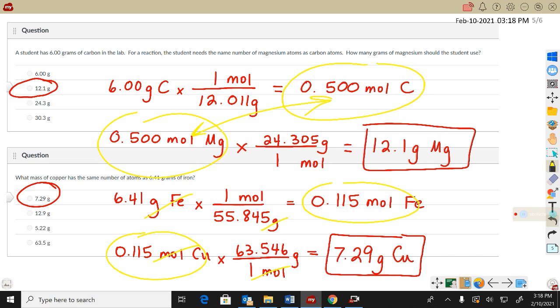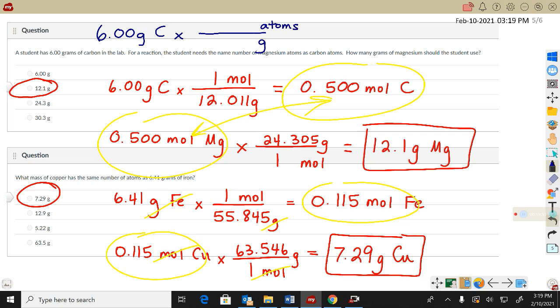Now another option would have been to calculate the exact number of atoms in the sample. So you could have done something like this, where you said if I have 6 grams of carbon, I could cancel grams and switch it to atoms.